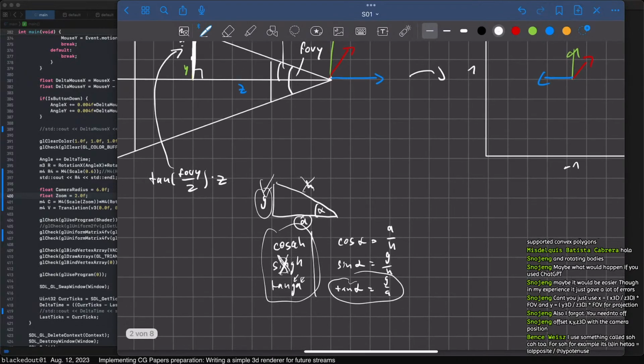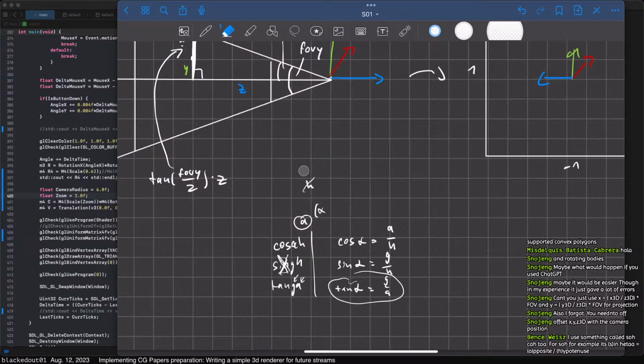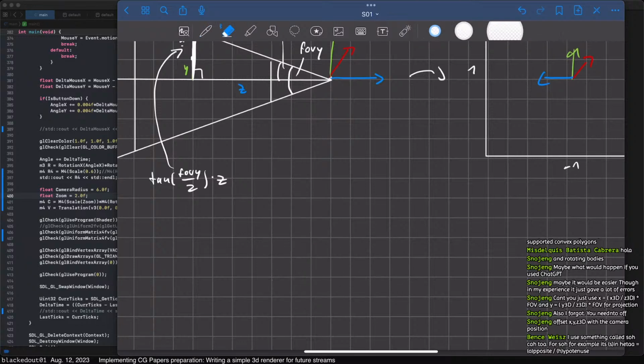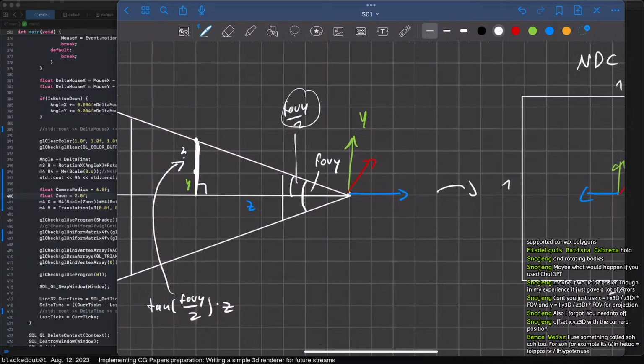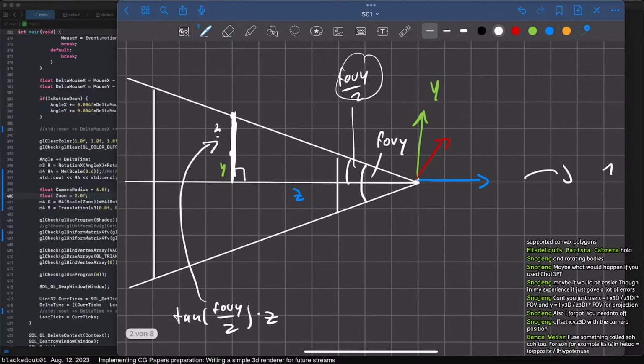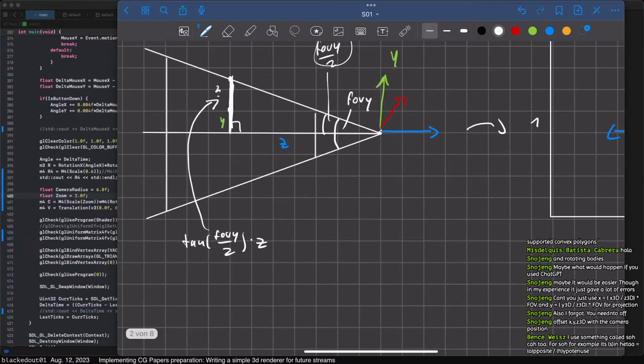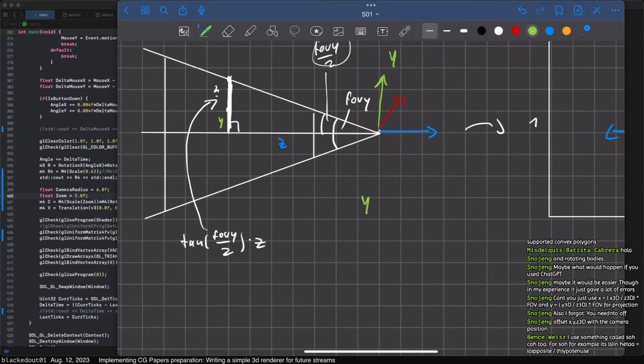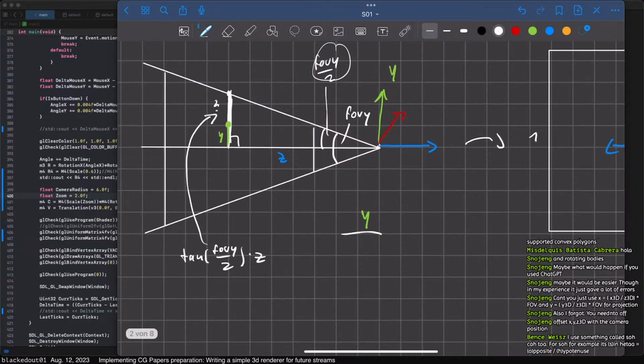So now let's remove all of this. Now that we know the length of this side here, we can just divide the y coordinate of our point by the length of the side, because then we basically just normalize this by dividing by this.